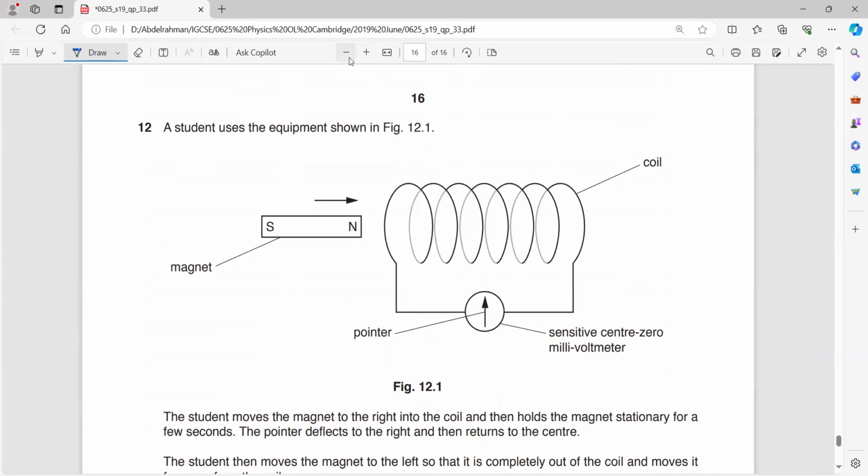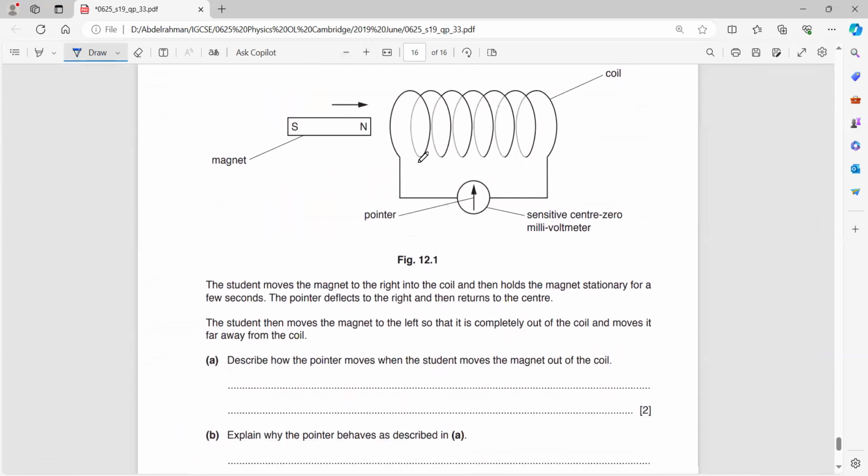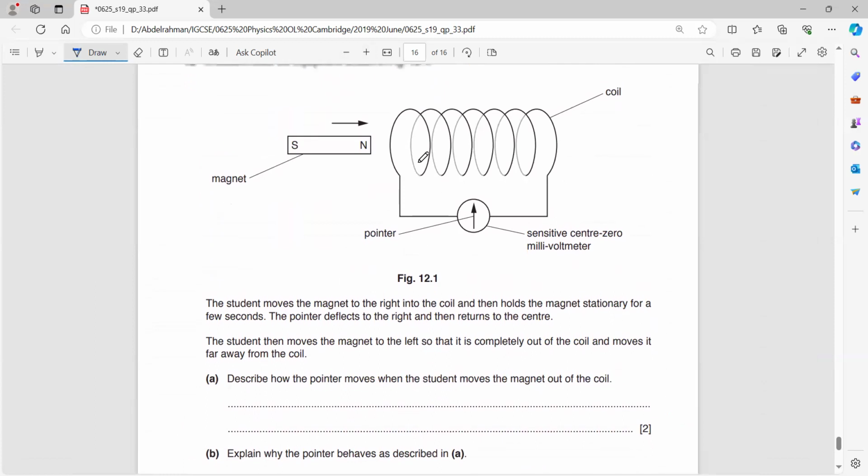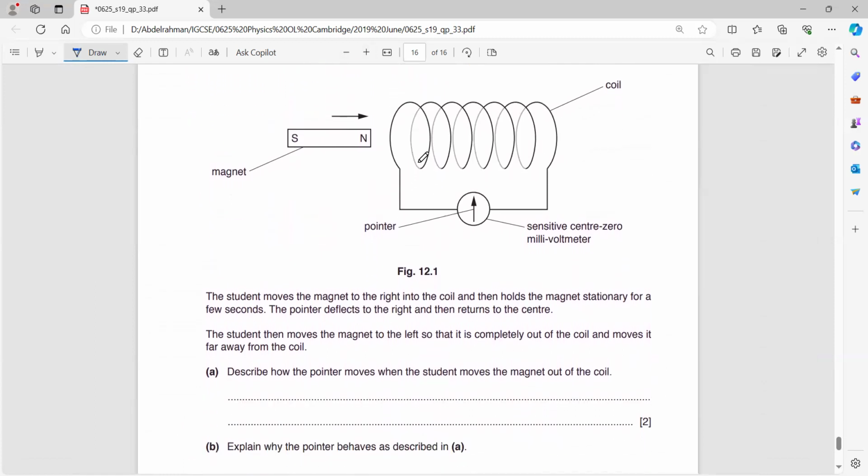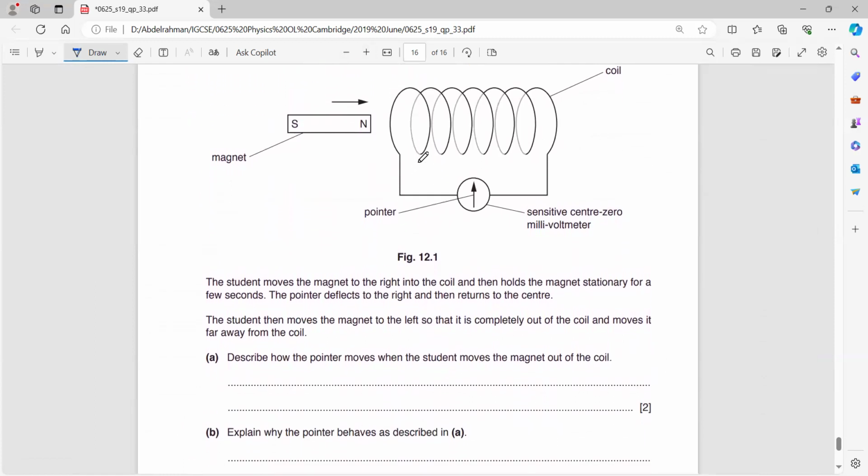Last question. Here I have a student who has a magnet and a coil, and he moves the magnet into the coil. Describe how the pointer moves when the student moves the magnet out of the coil. Now, when he's moving into the coil, the pointer deflects to the right and then returns to the center.